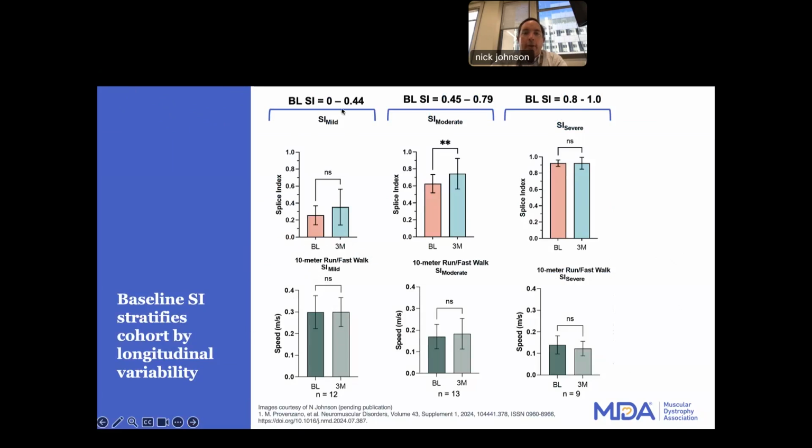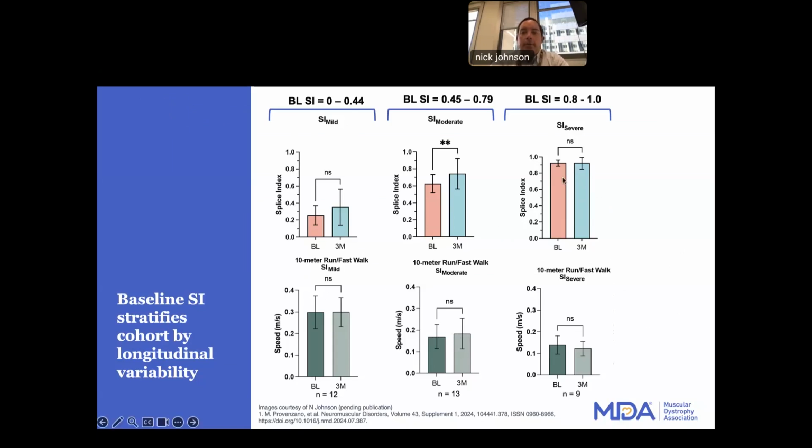So if you subdivide them, these are individuals with mild splicing impairment. There is a little bit of trend towards worsening of the splicing impairment, but again, you can see that the 10-meter walk run was really not changed at all. Here in that moderate group, you can see a more significant change, which is not quite reflected in the overall rate of ambulation.